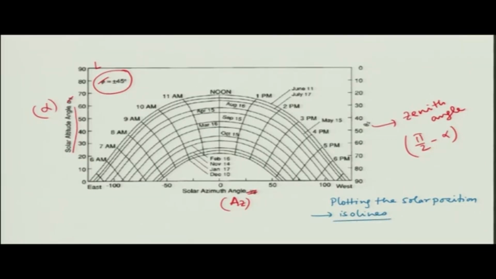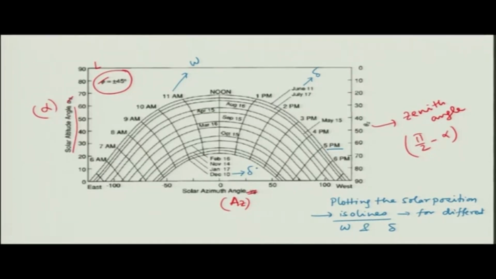Iso lines of the solar position, and for different hour angle, you can see here this 11 am stands for a particular hour angle, okay, or 5 pm stands for a particular hour angle, okay, and different dates, okay, that means the different declination angle, such as this particular line is for a particular declination angle June 11, or if you take December 10, that is another particular delta.